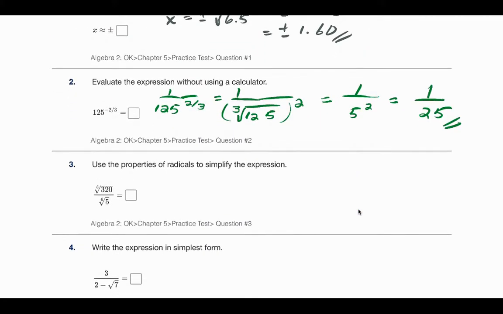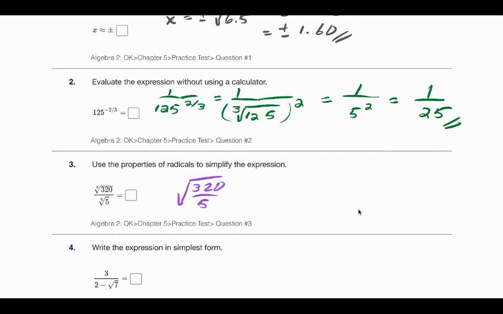Number 3, use the properties of radicals to simplify the expression. On this one here, we have the 6th root here and the 6th root here. So what we should probably do is see if 320 is divisible by 5, because then we can bring them together.